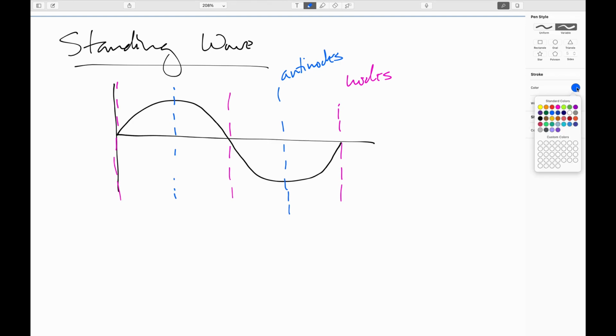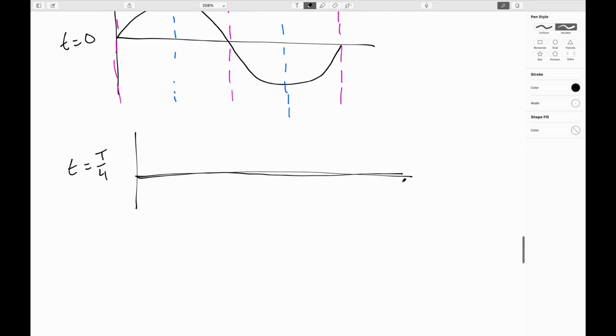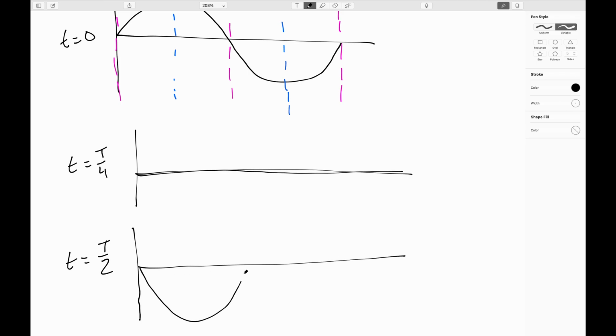So here's a snapshot graph at t equals 0. So a quarter period of oscillation later, the whole thing is just plain flat. And then at half a period later, it's the upside down of what you had.